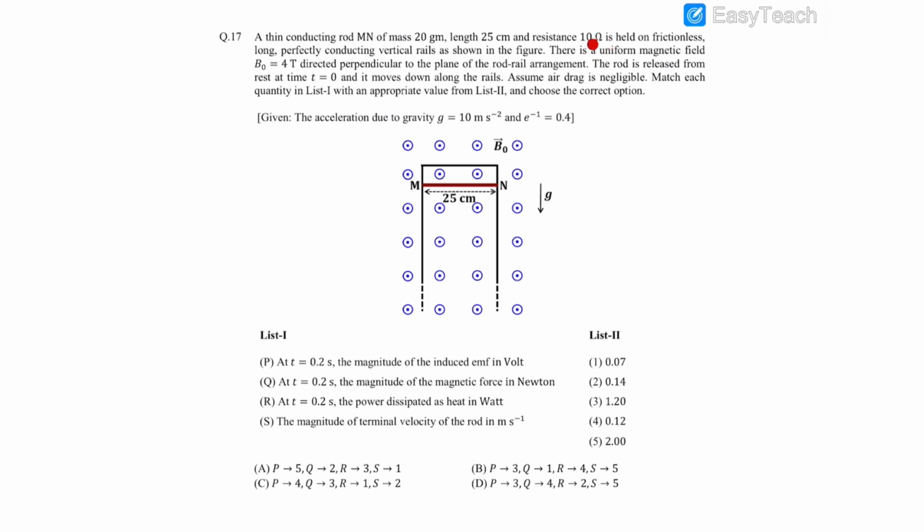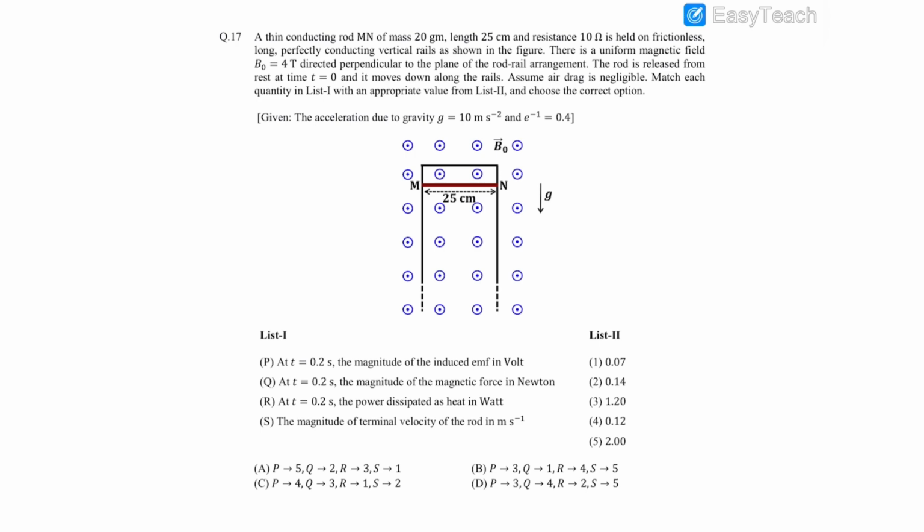The resistance of this rod is 10 ohms and it is held frictionless on smooth conducting rails, and a magnetic field pointing out of the paper is directed perpendicular to the plane of the arrangement, and this rod is released from rest at t equal to 0. As it moves down, air drag is negligible. We have to match the correct options. So we have to match the entries at t equal to 0.2 seconds.